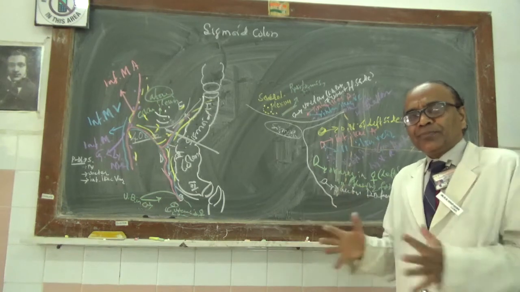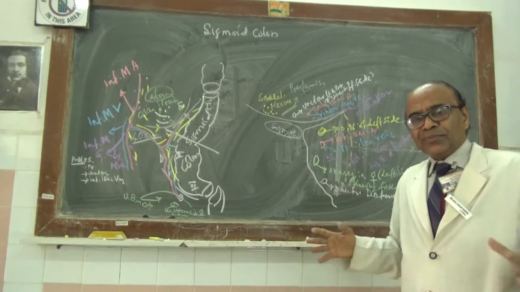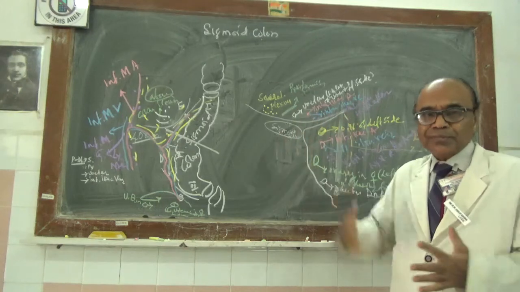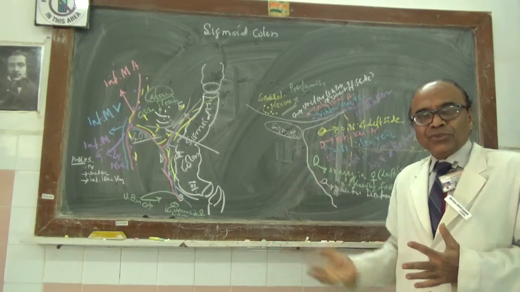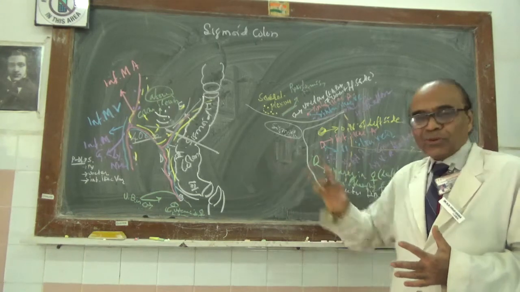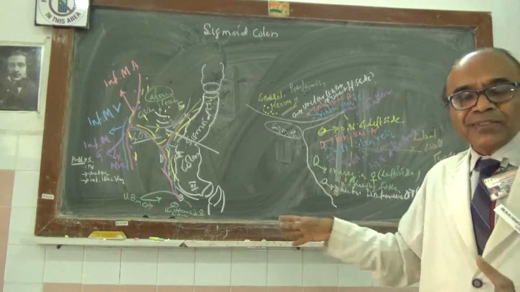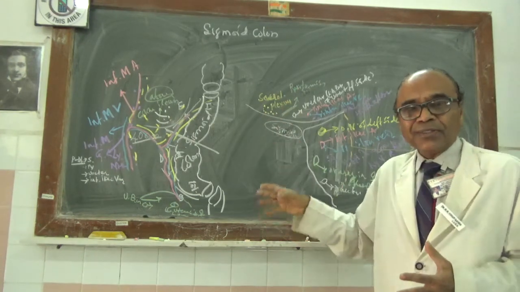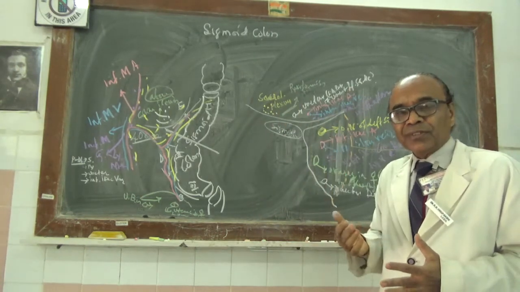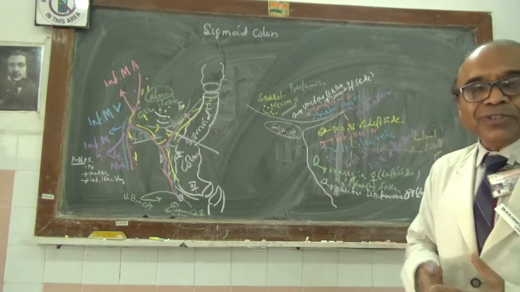In the subserous layer, the same arteries, arterioles, venules, lymph vessels, lymph nodes, and sympathetic nerve filaments are there. Same. Those are the jejunal and ileal in the small intestine. But in the colonic, the lymph vessels enter in the different parts, on the right part, left part, inferior mesenteric, superior mesenteric, with respect to the various parts of the colon.